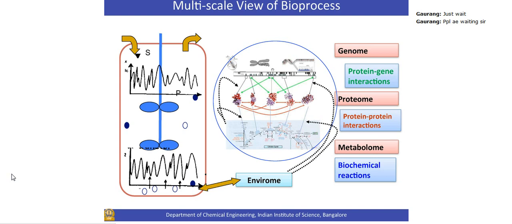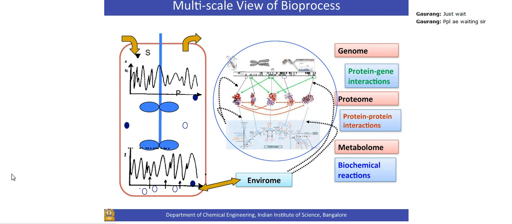For example, we go from genetic information through messenger RNA to proteomic information, and these proteins in turn drive a variety of metabolic reactions, and these metabolic reactions in turn are responsible for producing the product of business.